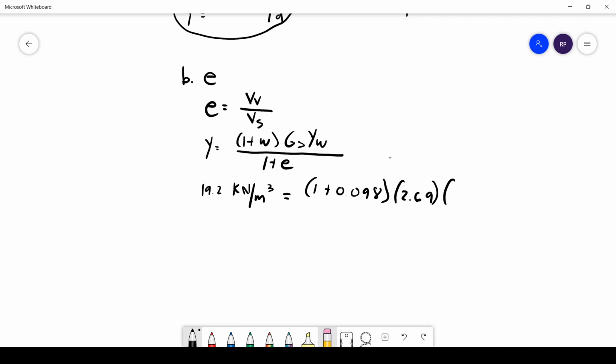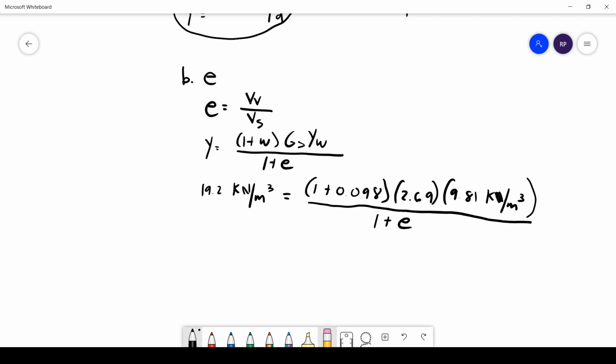And lastly, your 9.81 kilonewton per cubic meter. This is the unit weight of water. Okay? So please take note of that. All over 1 plus our unknown, which is your void ratio.